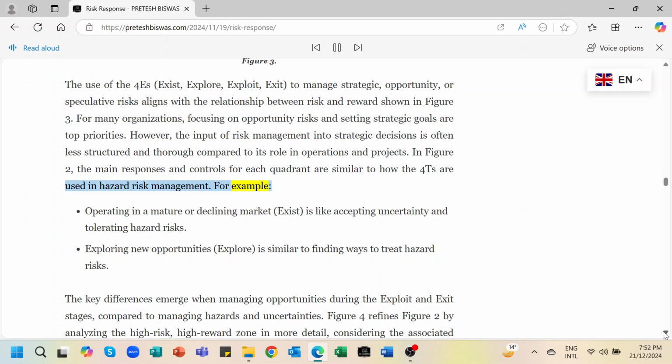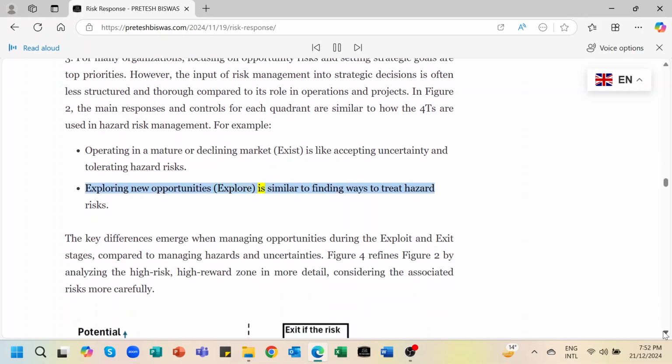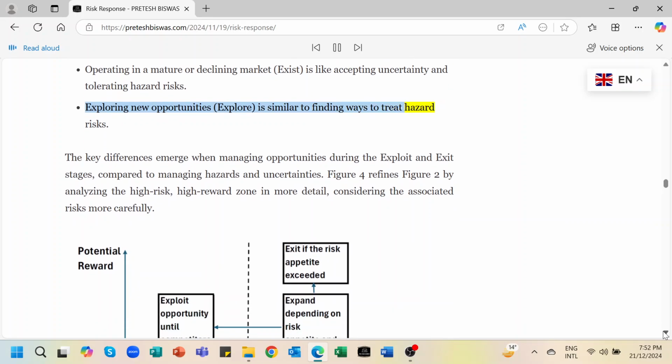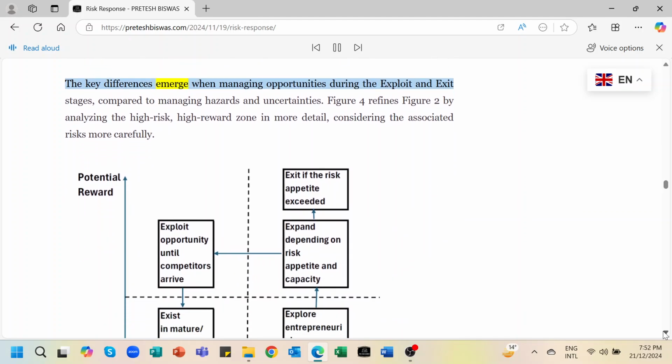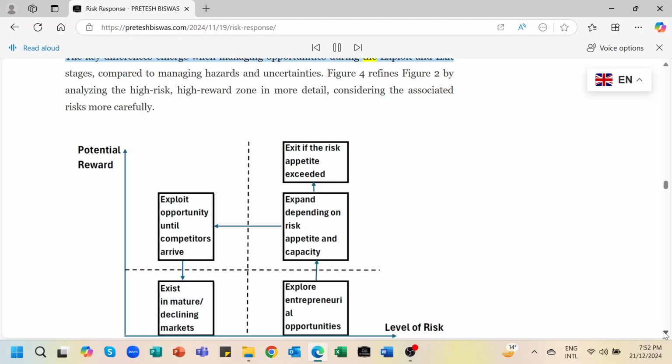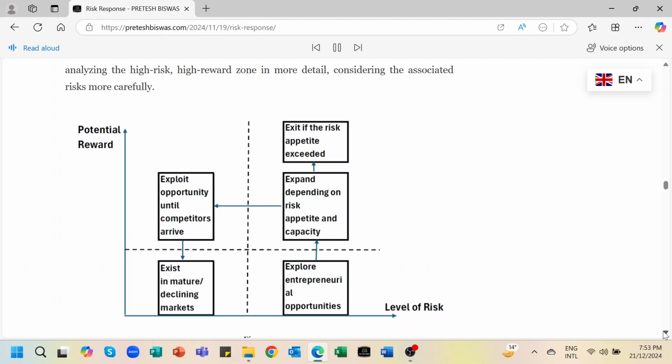For example, operating in a mature or declining market is like accepting uncertainty and tolerating hazard risks. Exploring new opportunities, explore, is similar to finding ways to treat hazard risks. The key differences emerge when managing opportunities during the exploit and exit stages compared to managing hazards and uncertainties.